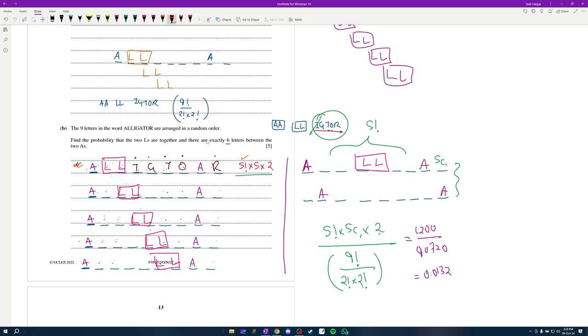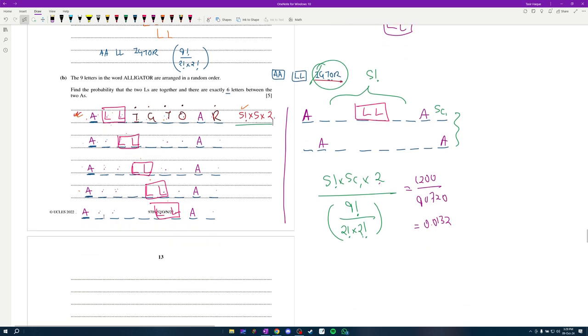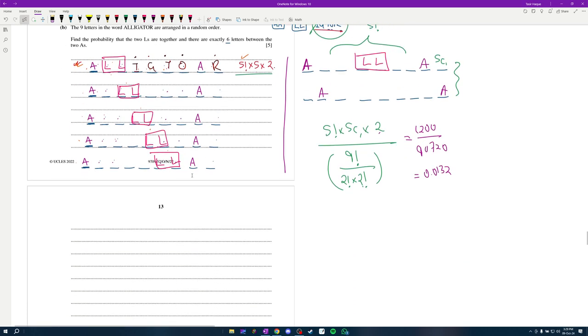For these 5 letters, I'm giving 5 factorial. Then for the L's, in how many ways can I put them? 1, 2, 3, 4, 5. They can't be on the end actually, because I only have 1 blank on the end. So this 5 factorial is for IGTOR, this 5 is for the number of ways that I can put the L's, and this 2 is for the arrangement of the A's, because the A could also be on the second and last blank. Do you get what I mean?